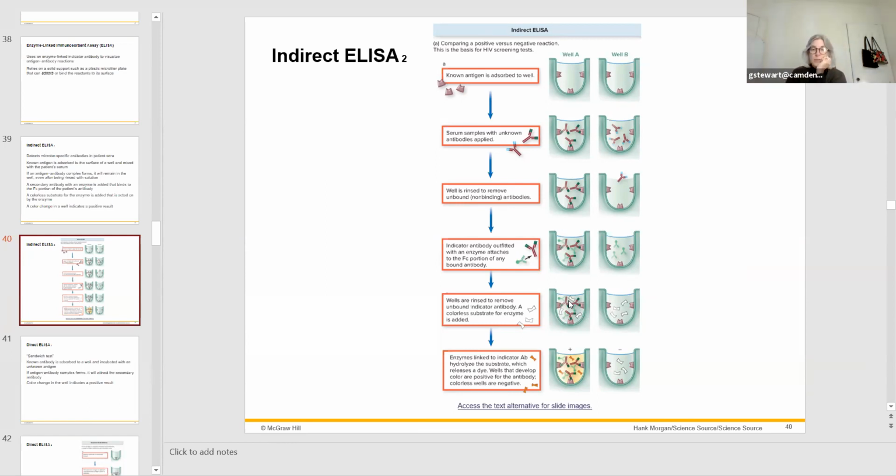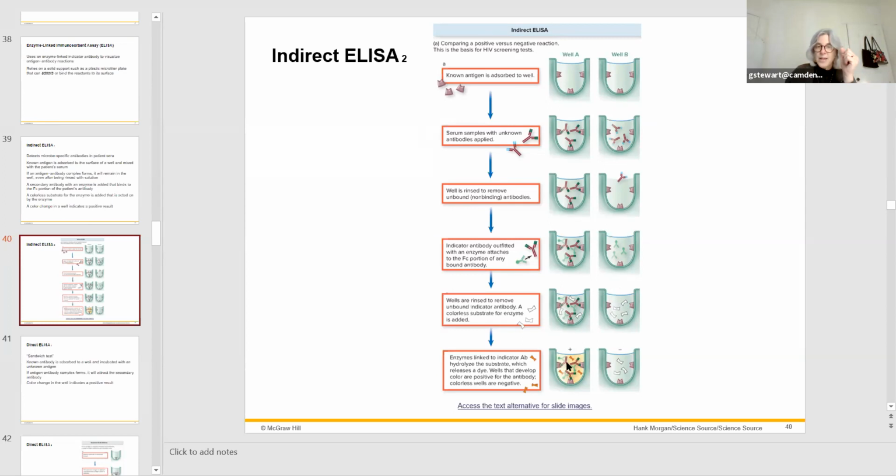Well, I would either purchase it, or it's a pretty simple chemical reaction. You can actually do it yourself in the lab in like an hour. And then you would rinse out the excess. And in the case of the person who's negative, since they did not have the primary antibody bound, the secondary antibody doesn't bind. So the enzyme isn't going to stick.